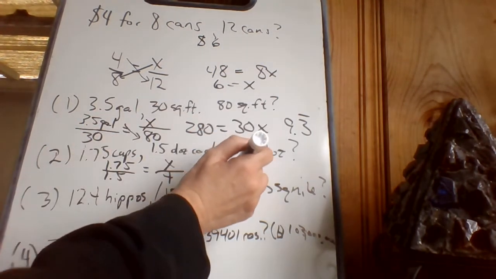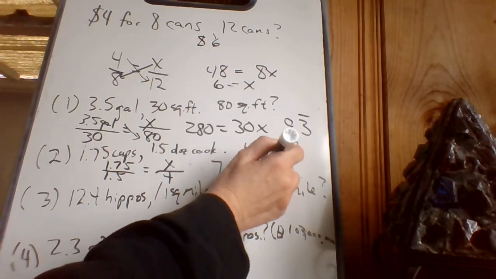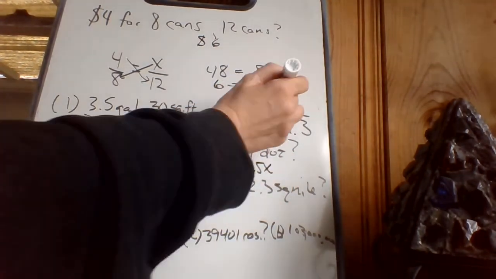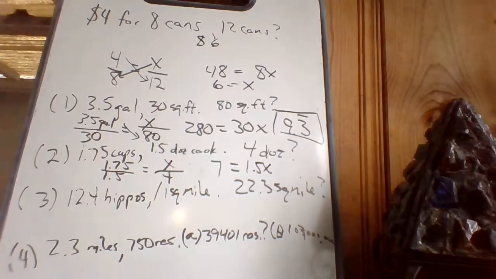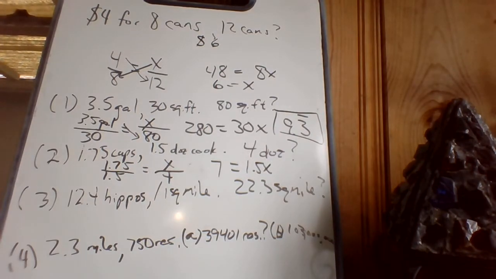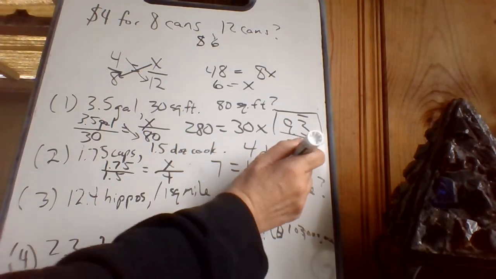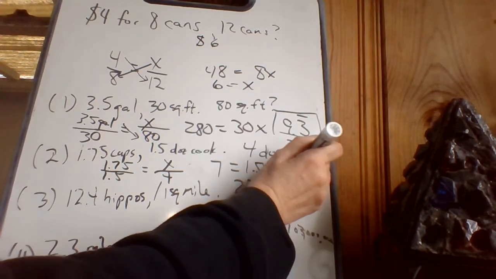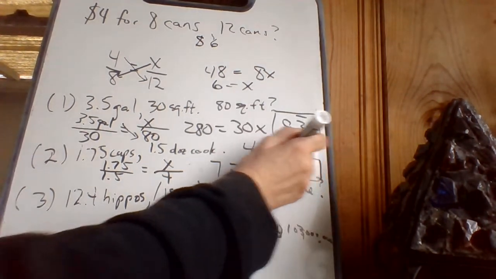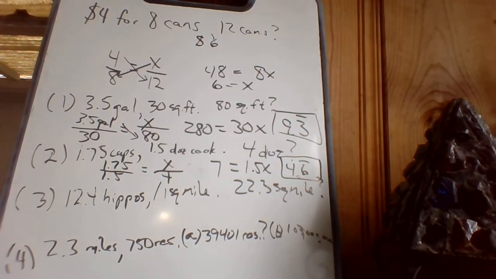And 1.5 times x is 1.5x. Okay, if I divide that out, 7 divided by 1.5 is 4.6 repeating. So 4 2/3 cups of sugar.